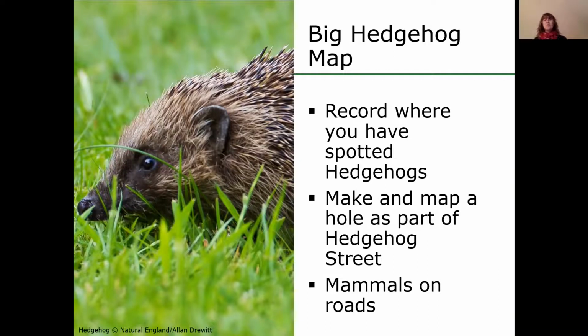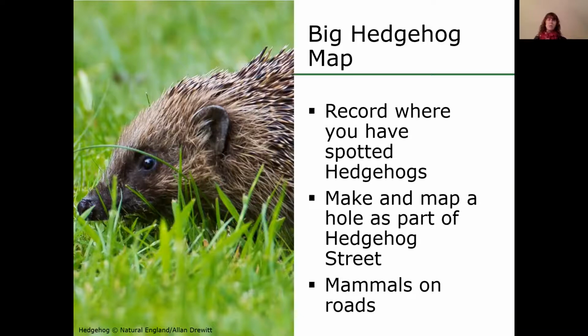Another one to draw your attention to is the slightly sad scale of hedgehog recording, and a lot of my hedgehog records unfortunately are dead hedgehogs on roads. So there is a survey called Mammals on Roads, which tends to happen during the summer months, which is when youngsters are dispersing. This is not just about hedgehogs, this is any dead mammals that you're seeing on roads, and I see lots of polecats, foxes, all sorts of things dead on the road.